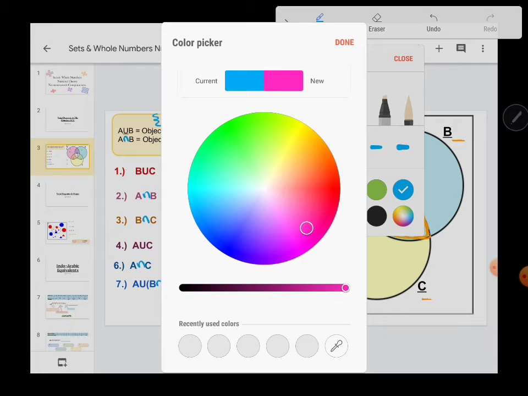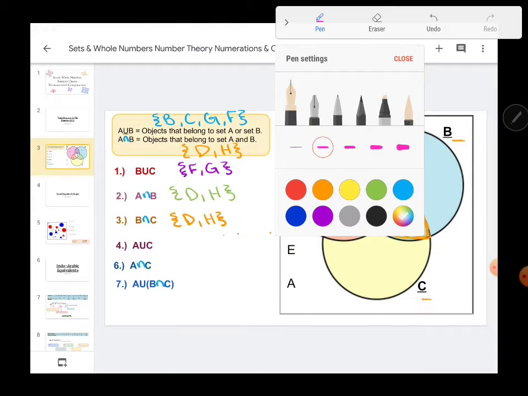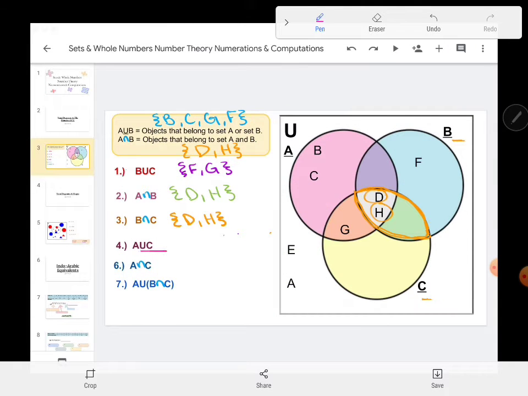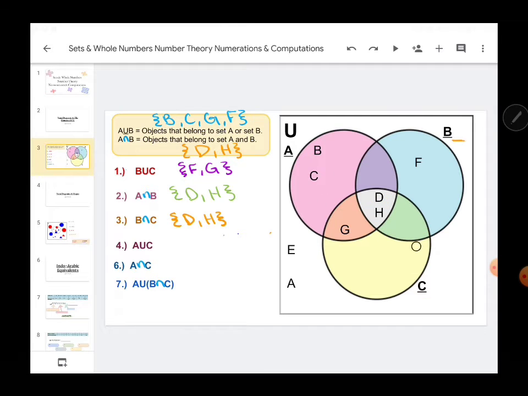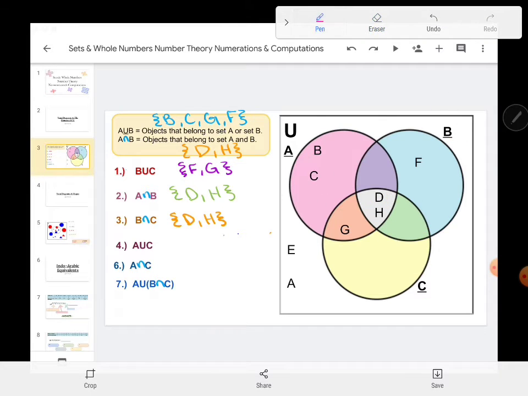Now for problem 4, and actually we want a new fresh color. In problem 4, we are presented with A ∪ C, and we know that the ∪ in this problem represents the either-or section of our notes. So we're going to erase this real quick, that's in the way.